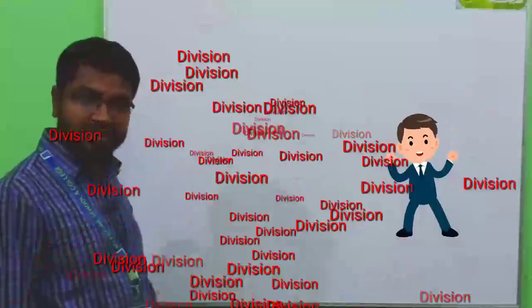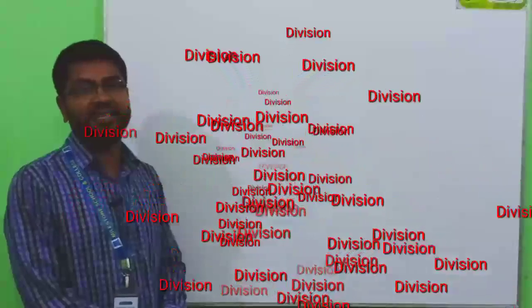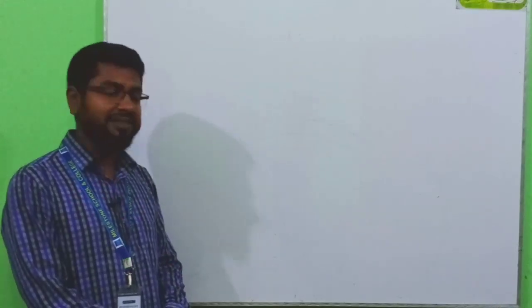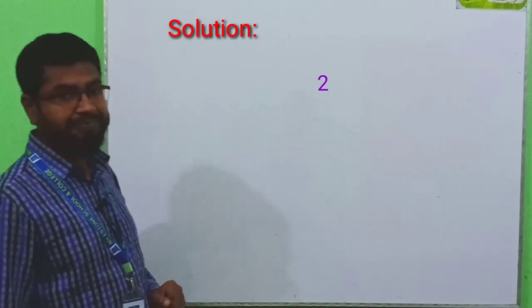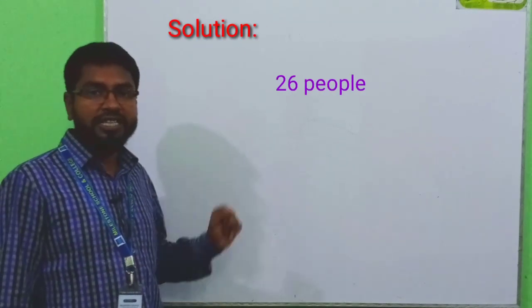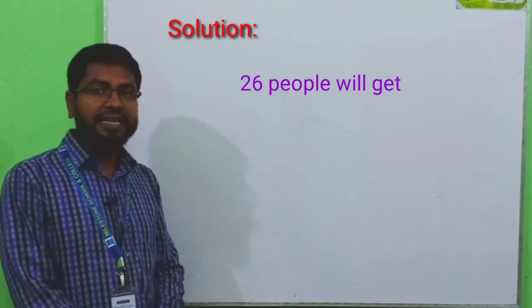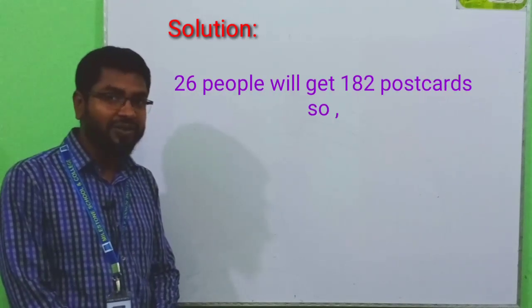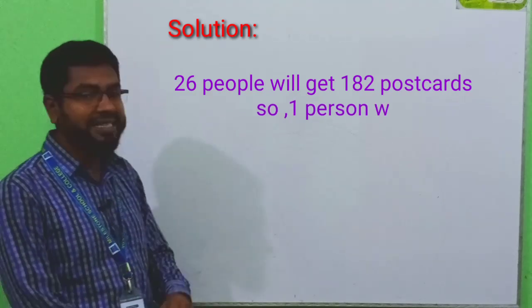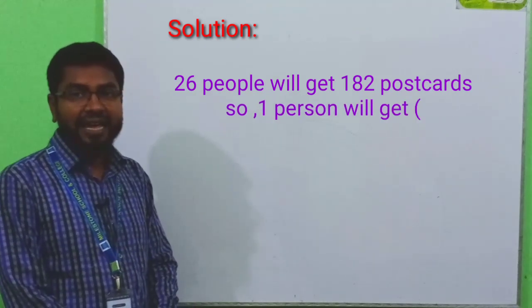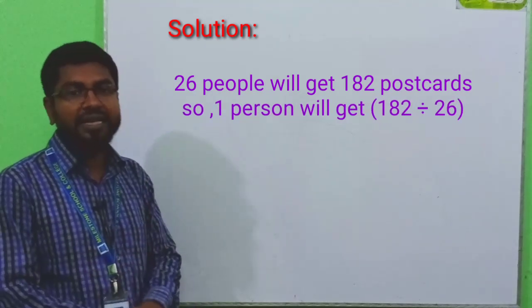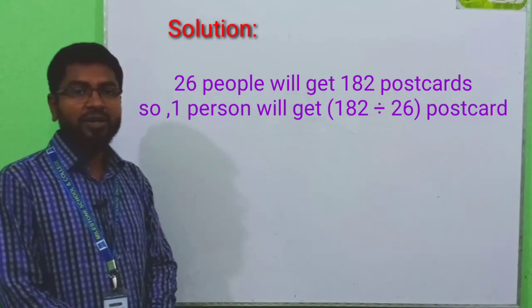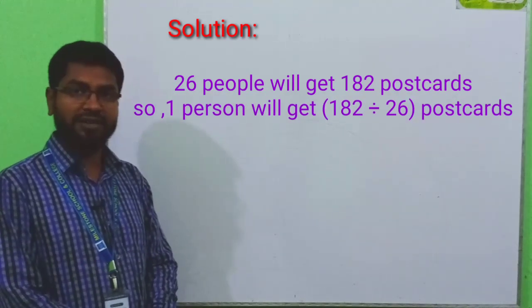So what will I write in the first line? Yes, solution: 26 people will get 182 postcards. So one person will get 182 divided by 26 postcards.